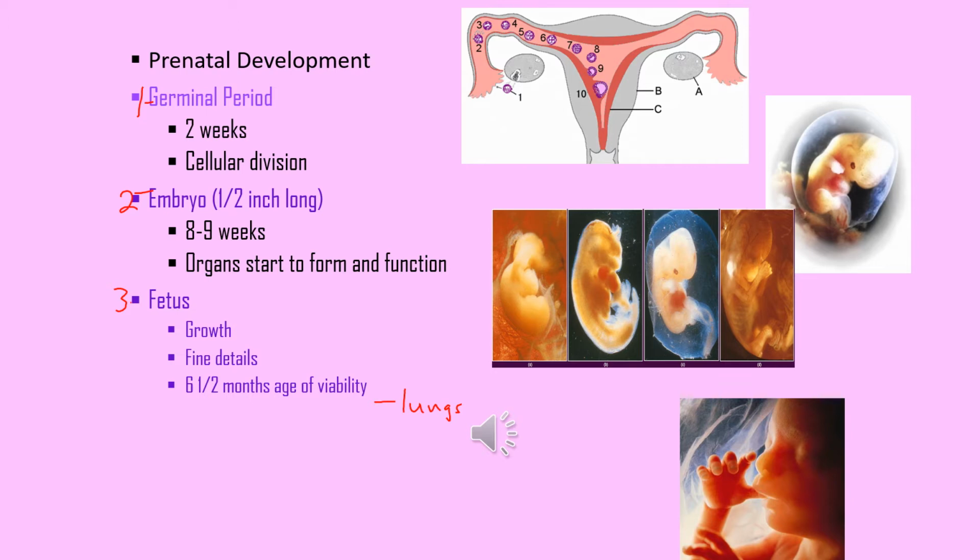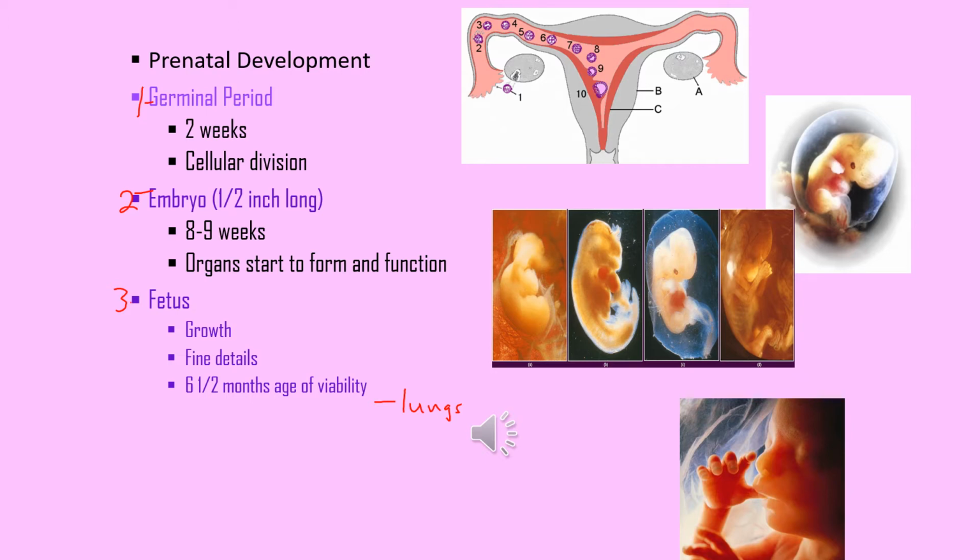Once the zygote has implanted in the uterine wall, we go into the second stage, which is called the embryo or embryonic stage. This stage begins about two weeks and lasts until about 8 to 9 weeks. By the end of this stage, organs have formed and are functioning, with the exception of the lungs.